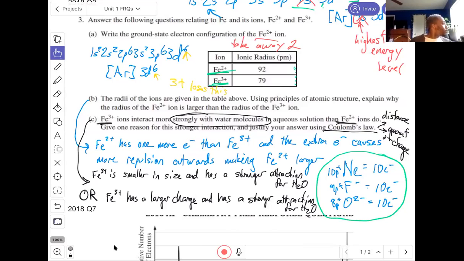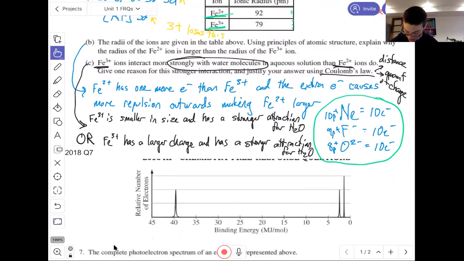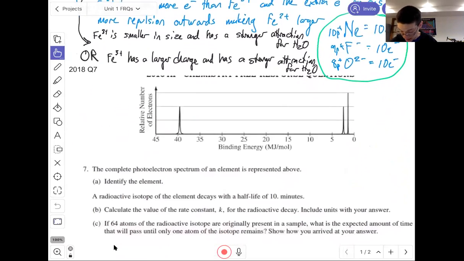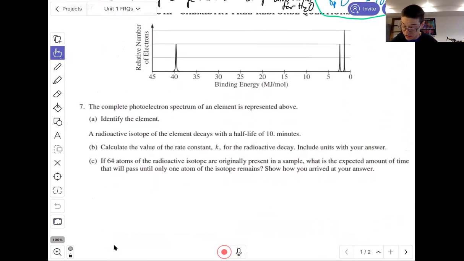Okay, so it's this first question that I wanted to spend the most time on, because however we see Unit 1 incorporated on this test, I think it's most likely to be up here. But both of the last 2 years, there have been free response questions based on photoelectron spectroscopy.